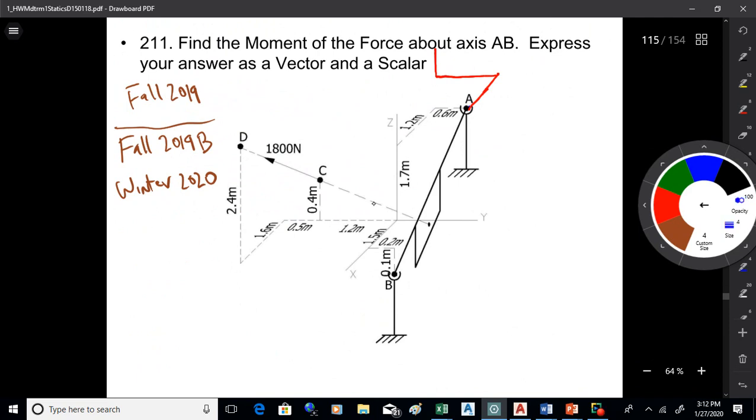So there's the moment vector, M_A of that force. If we want to figure out how much of that moment acts about the axis, we find a unit vector for the axis and we dot them. When we do that, we're finding the projection of the moment vector onto the axis. So that's a right angle there. That's what we're finding.